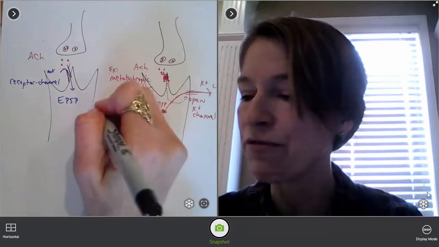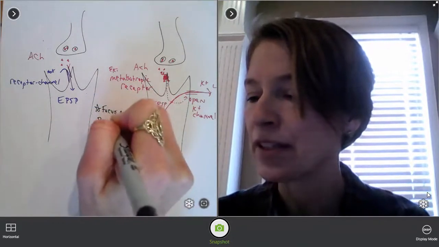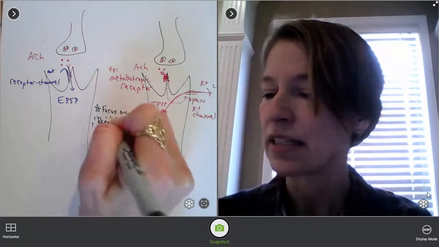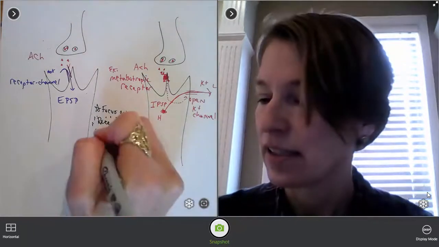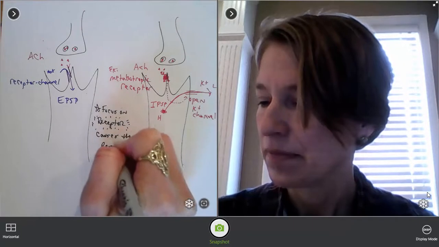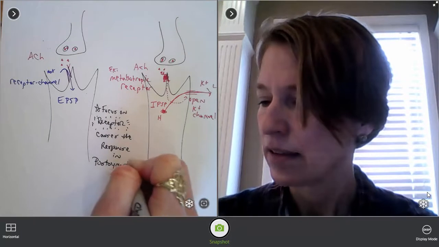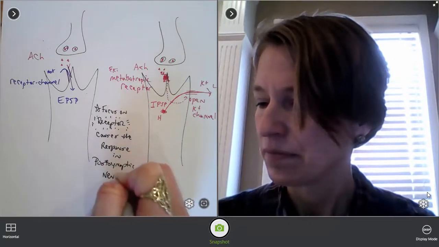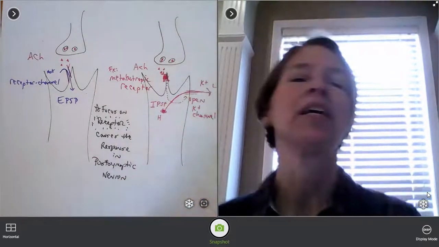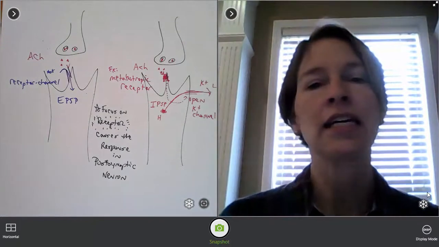So you really need to focus your attention on the receptor, because this receptor is what causes the response in the postsynaptic neuron. It is not the chemical. It is the receptor.